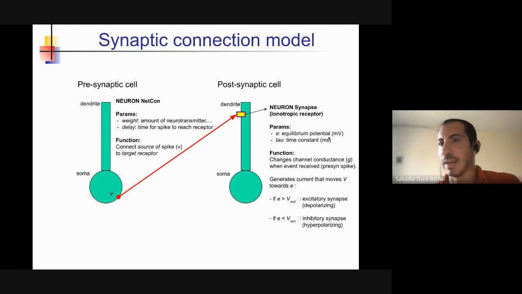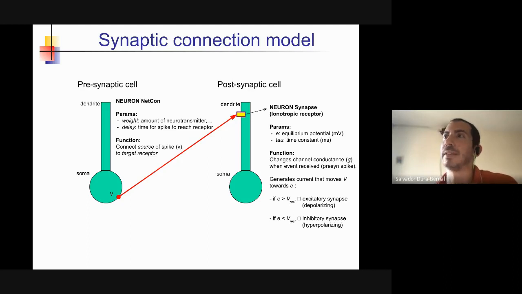On the postsynaptic side, we have the equilibrium potential, which I just mentioned, and this tau time constant, which models the inner dynamics of the synapse. What happens on the synapse side depends on how the mod file that implements the synapse is written, but the simplest one basically changes the conductance of this synapse.